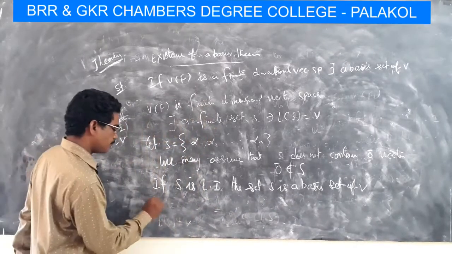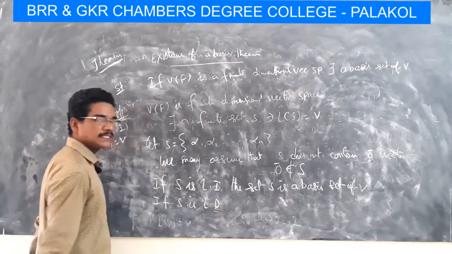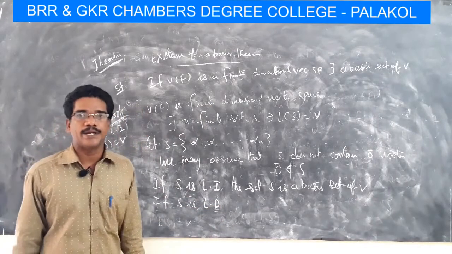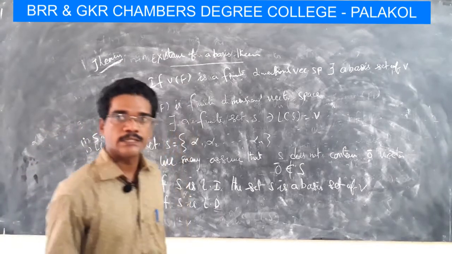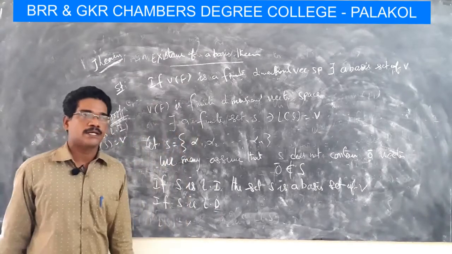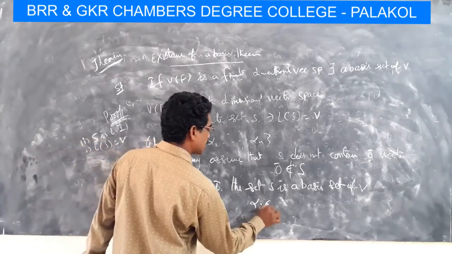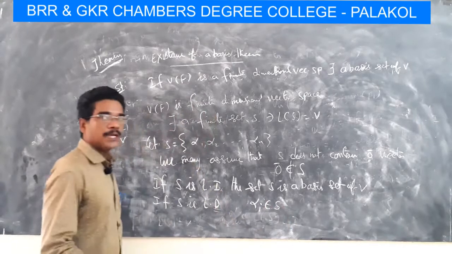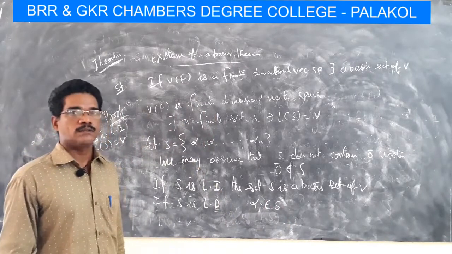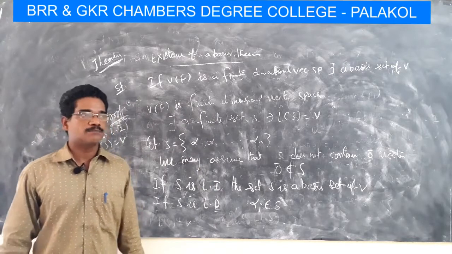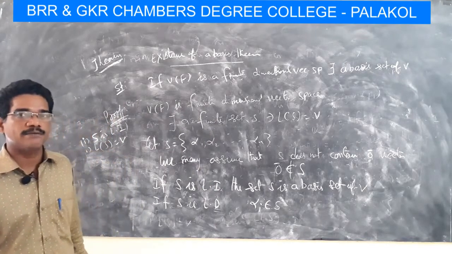Suppose S is linearly dependent. Then there exists some vector alpha i belonging to S which can be expressed as a linear combination of the preceding vectors.